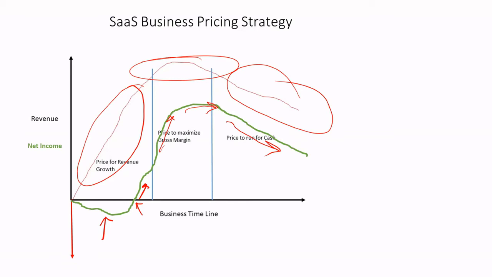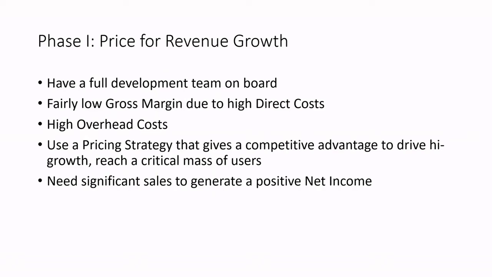And so to look at these in a little bit more detail, in this phase one where we're pricing or driving for revenue growth, we may have a full development team on board in our company. We may have pretty low gross margins because of very high direct costs for development engineers, software engineers, and who knows what other resources we have on board.